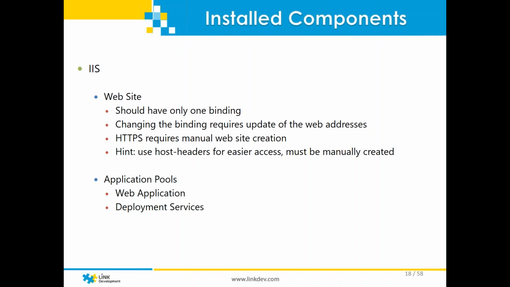If you want to change the binding, you have to change something called the web address. I'll show you what that is. And then there are the application pools. IIS has something called an application pool for a group of websites. It's like a different instance of the web service, of the process that hosts the website.